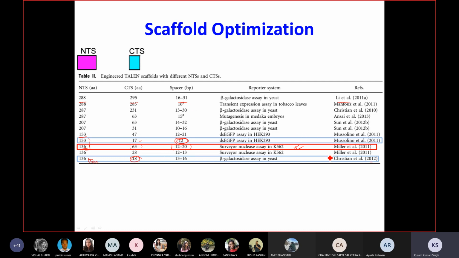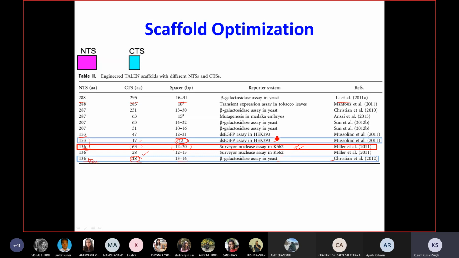I have not gone through all the articles like Christian's; I have gone through Miller's, but not all of them. But they did this kind of exercise to know which TALEN is best in their system. If they use it in the yeast system, this is best. If they use it in cell lines, this probably works best for them.